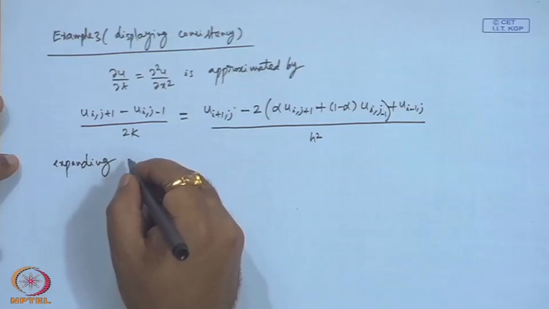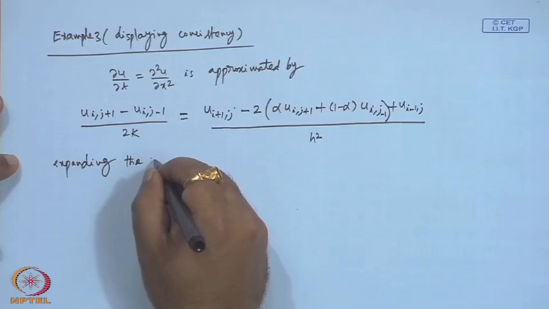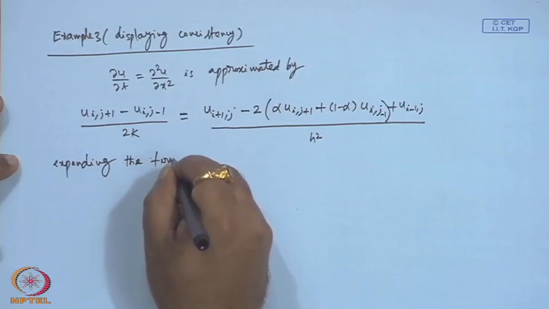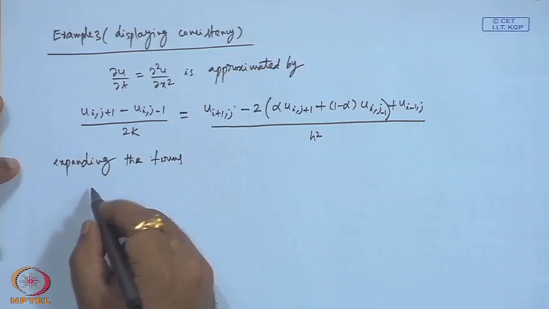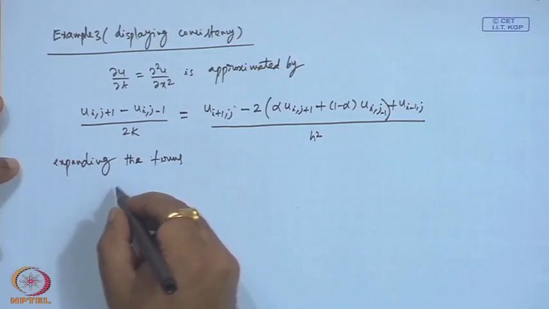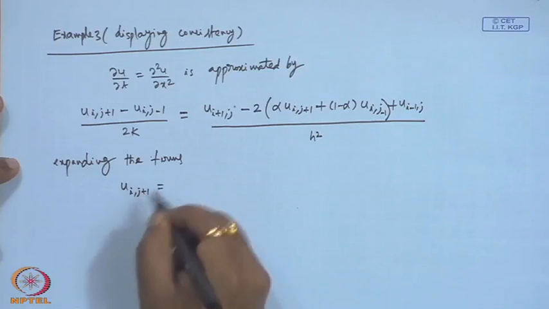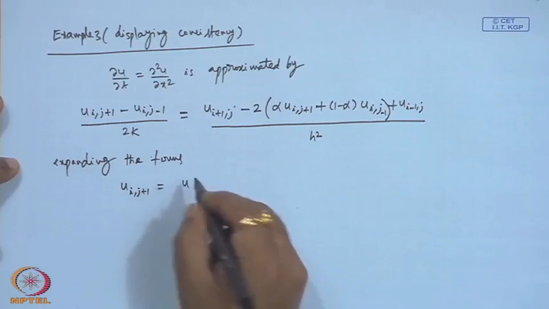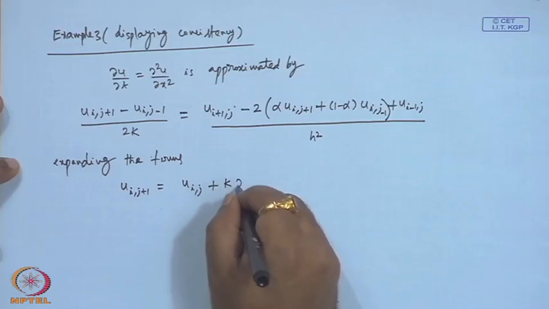expanding the terms, we have the usual expansion. So, I am just doing one. So, this is with respect to t. So, u i j plus k.